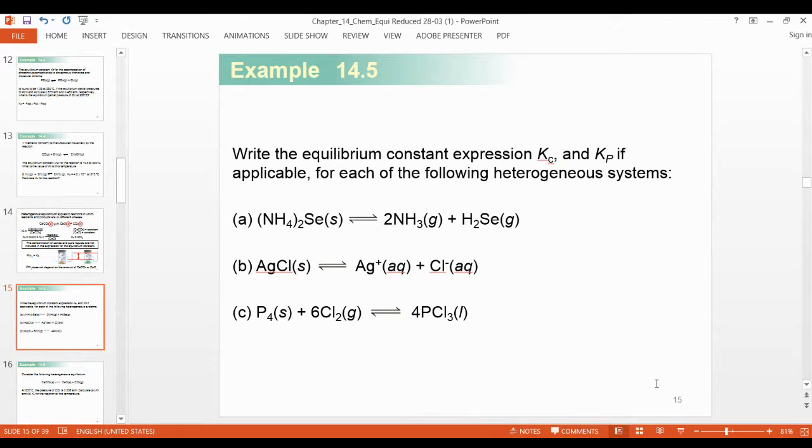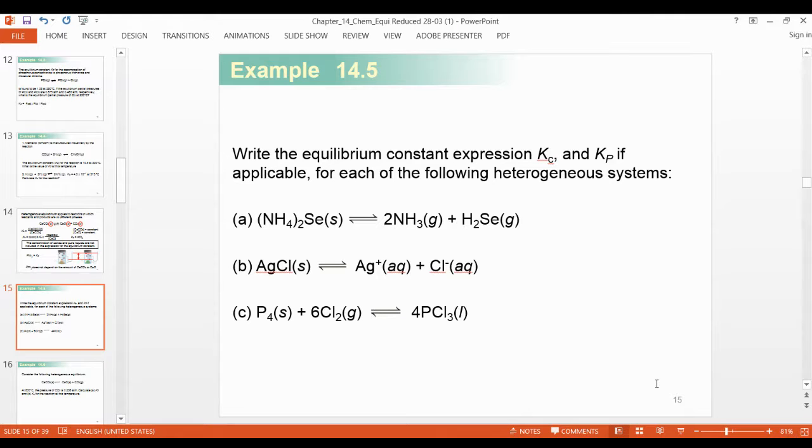How to write Kc and Kp? Remember that Kc can be written for any reaction, whether solid, liquid, gas, or aqueous is there.